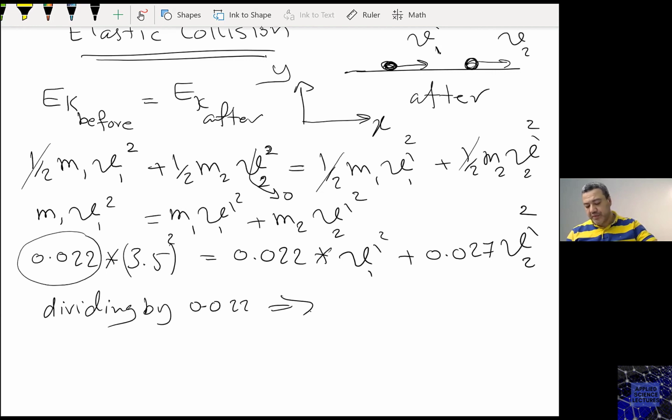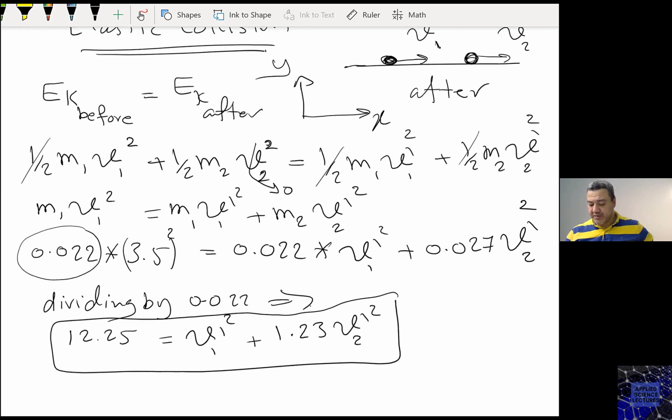Here I have 3.5 squared as 12.25 equals V1 prime squared plus 1.23 V2 prime squared.